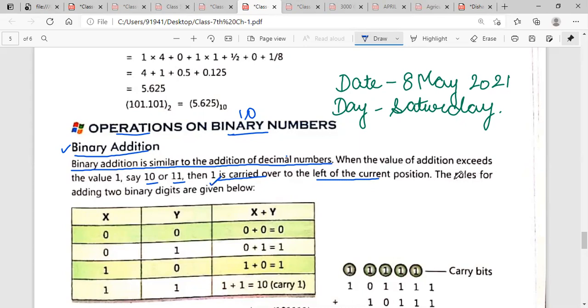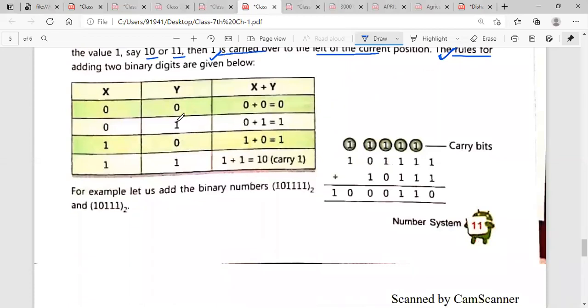Okay. And now what are the rules for adding two binary numbers? This is the main important thing, you should know the rules of adding two binary digits. Now revise this table very carefully. We will take two values x and y, and we will add the two values, x plus y.